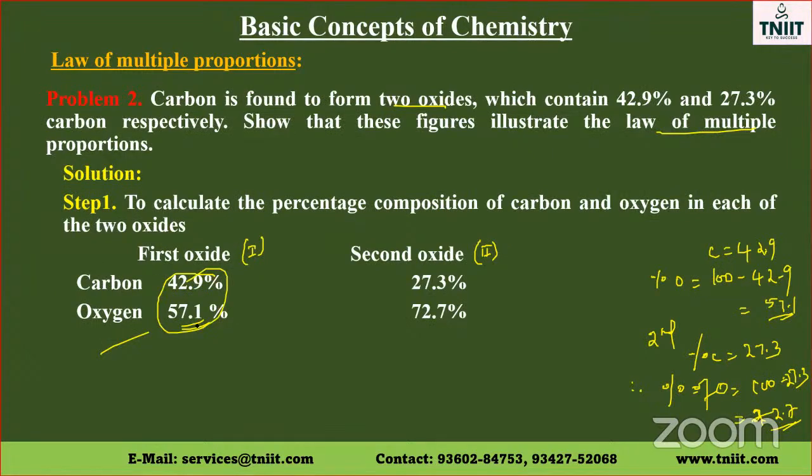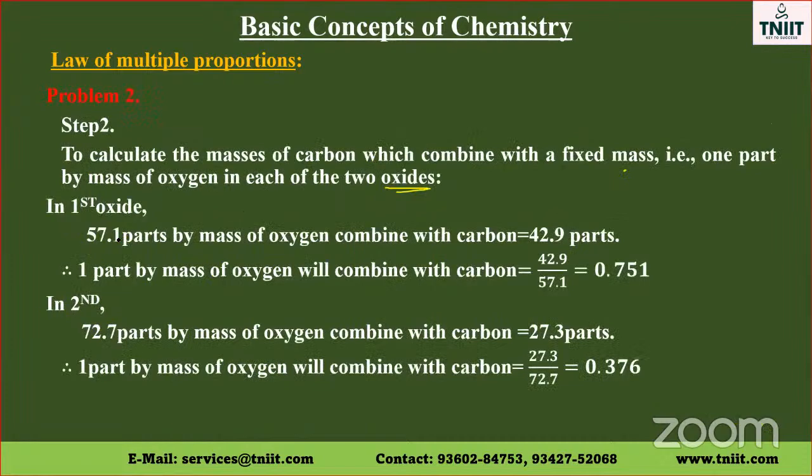So 57.1 parts by mass of oxygen combine with 42.9 parts of carbon.